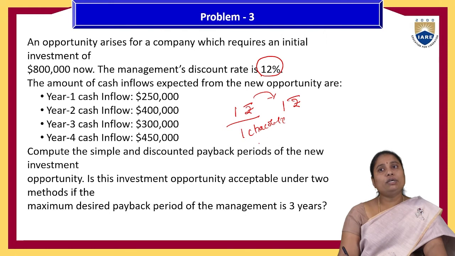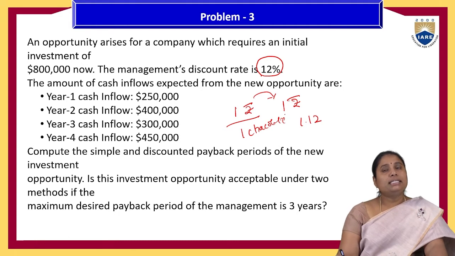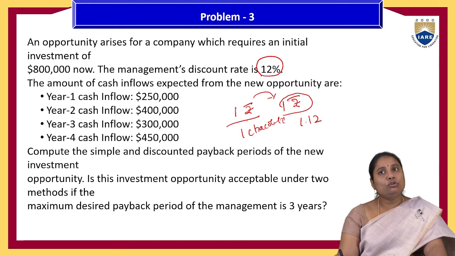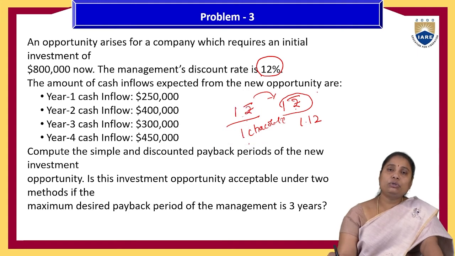The same chocolate tomorrow becomes 1.12 rupees. So today's money is worth more than tomorrow's money, because if you have 1 rupee today, you can purchase 1 chocolate, or invest it elsewhere and generate funds.